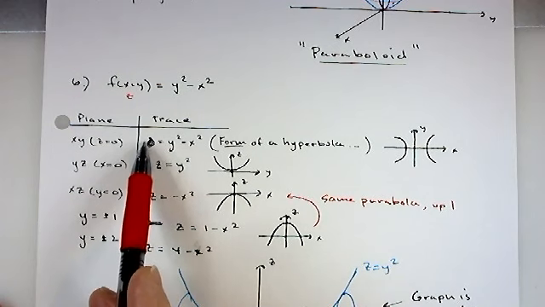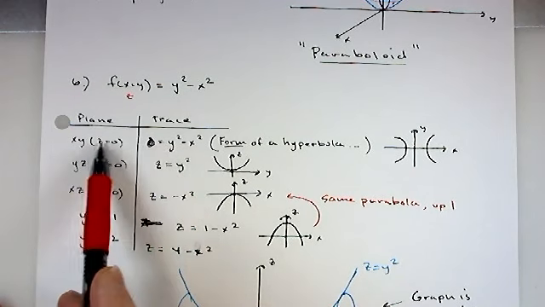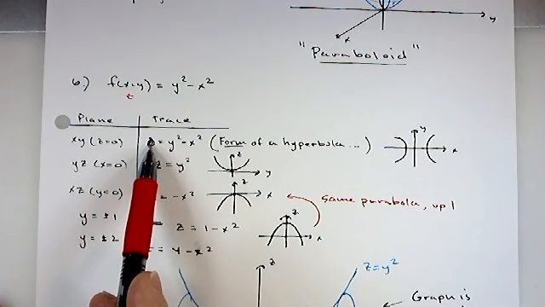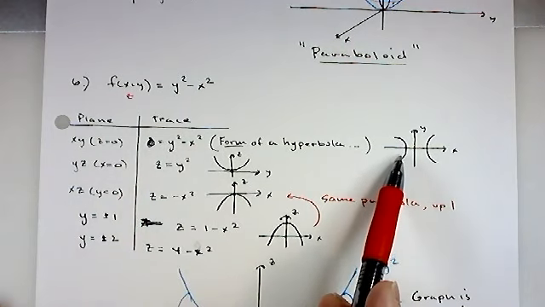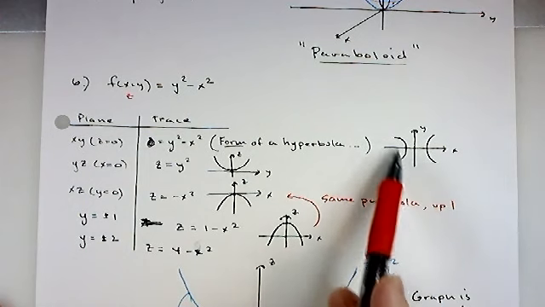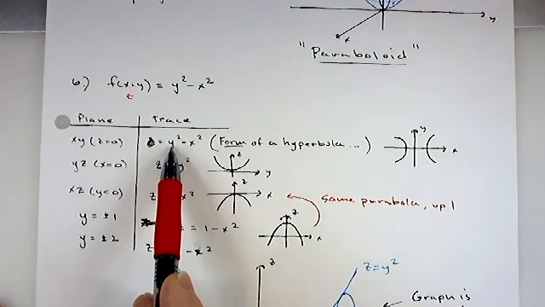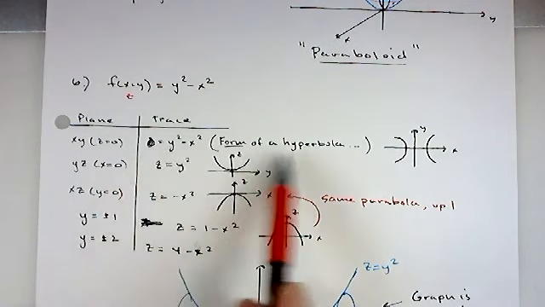But more importantly, what form does this have? If z was not 0, if z was a number like 1 or negative 1, you may recognize that that is a graph that would look like a hyperbola. Hyperbolas are the graphs that have two parts to them. Not an easy graph to sketch.